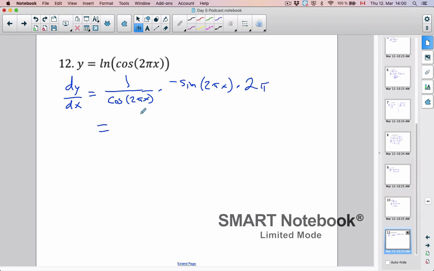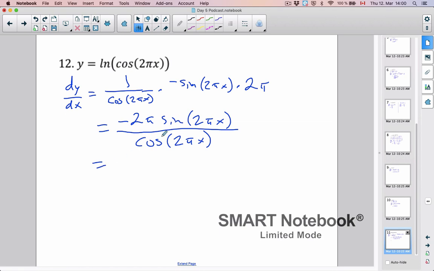So the whole thing is going to be negative 2 pi sine 2 pi x over cosine 2 pi x, and you can even simplify that more because you might recognize that sine divided by cosine is tangent. So this is actually equal to negative 2 pi tan 2 pi x.